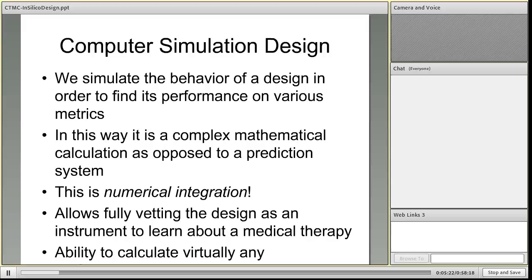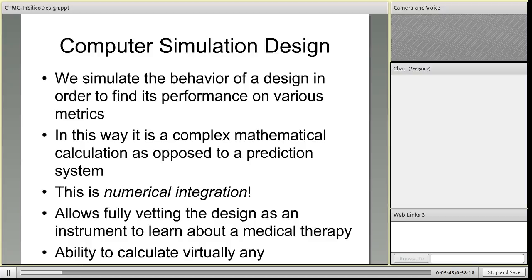What happens if the design gets more complex? The analytical formulas fail us. Now we need a complex tool to do the calculation. This is what simulation is used for. In essence, it's nothing more than glorified numerical integration, where we calculate the operating characteristics of a complex design.